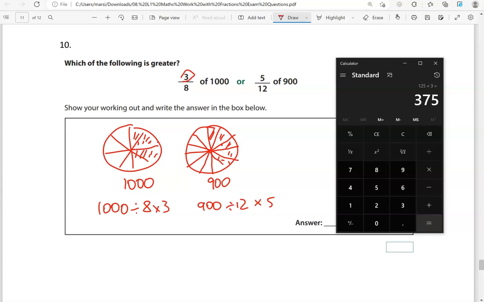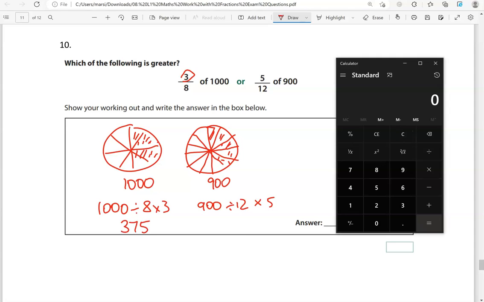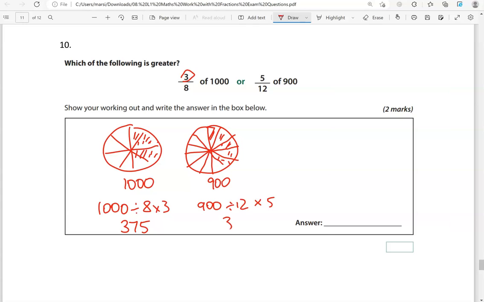So 375 here, and 375 here as well. They are equal. Is the answer.